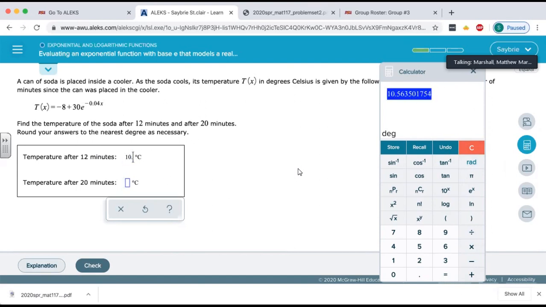So nearest whole degree, that would be 11, right, for that one? Yep. Yep.